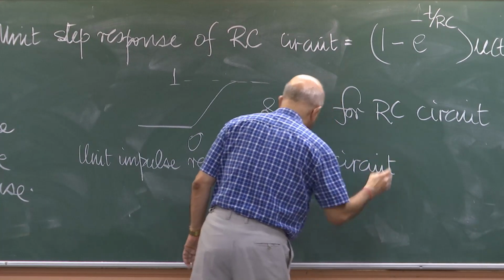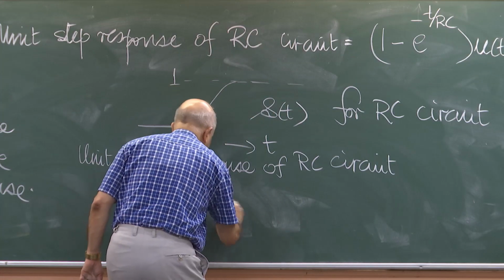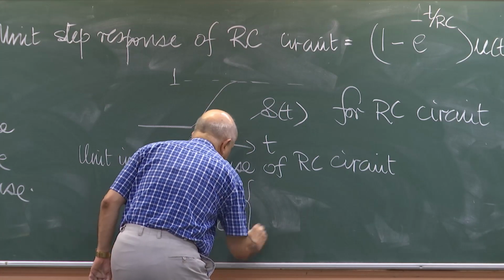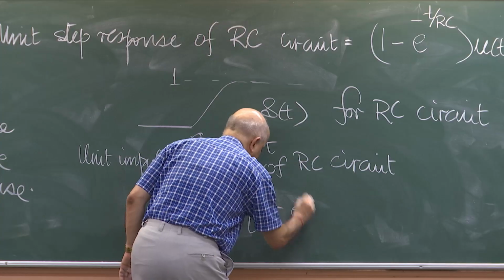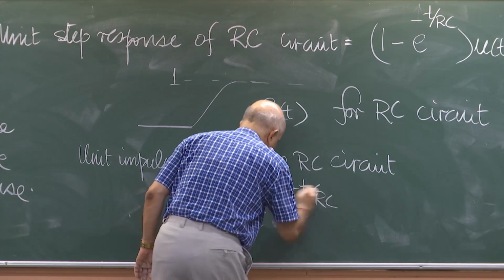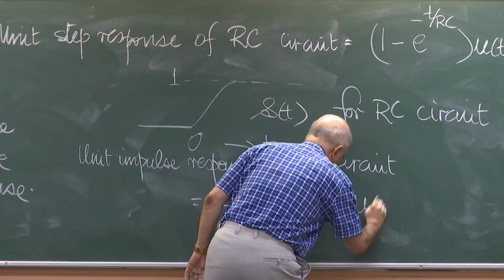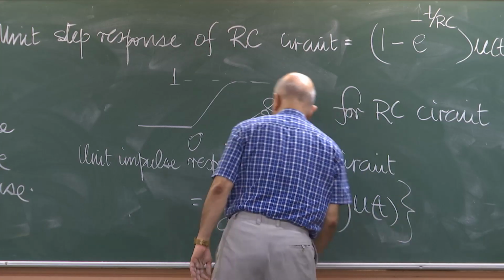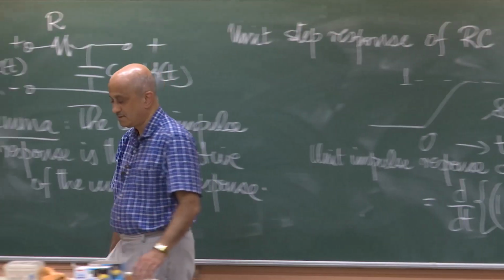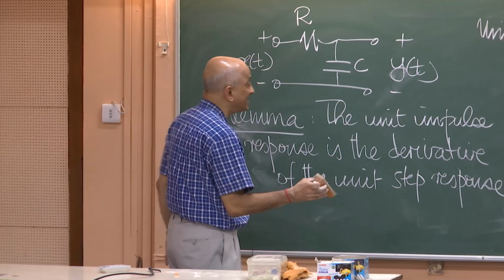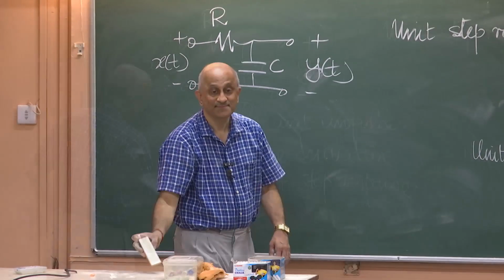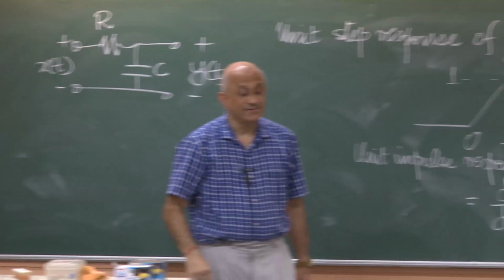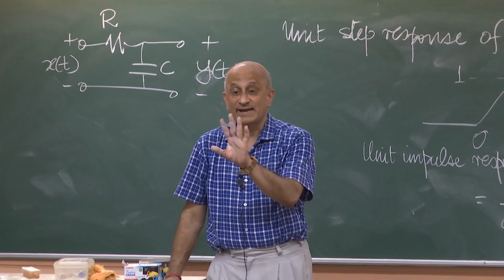So, it should be possible to find it by taking the derivative of the unit step response. And we know how to calculate the derivative of a product. What will you do to calculate the derivative of a product? You would use the product rule, isn't it?